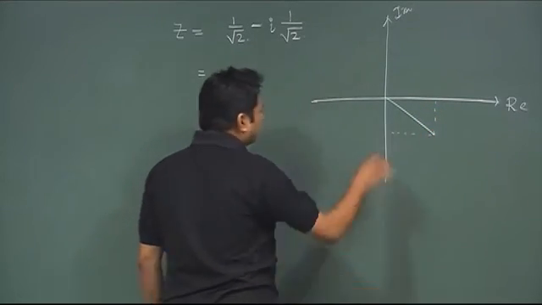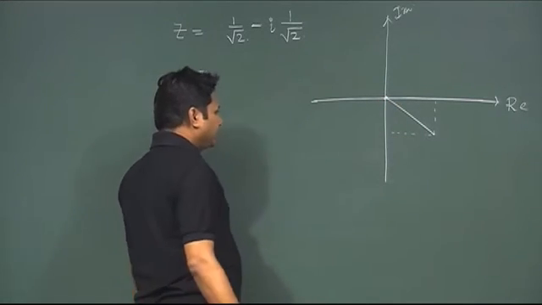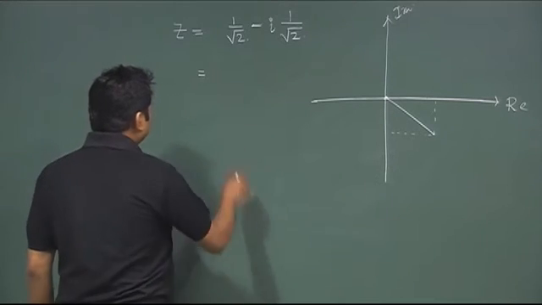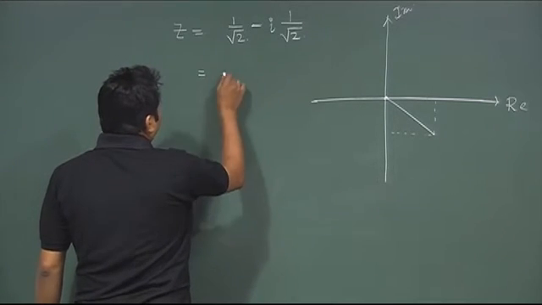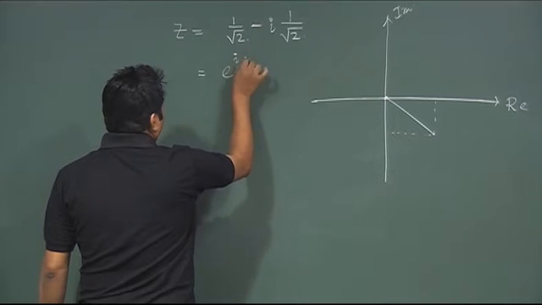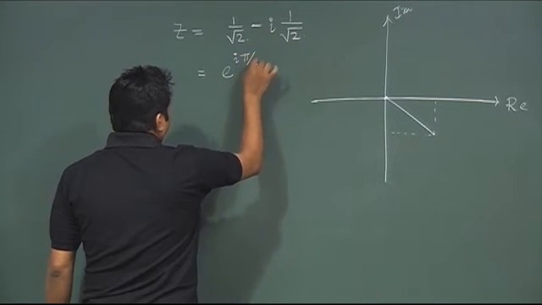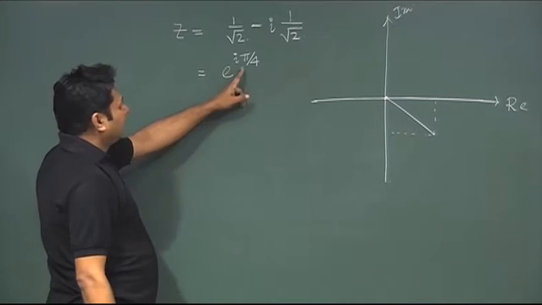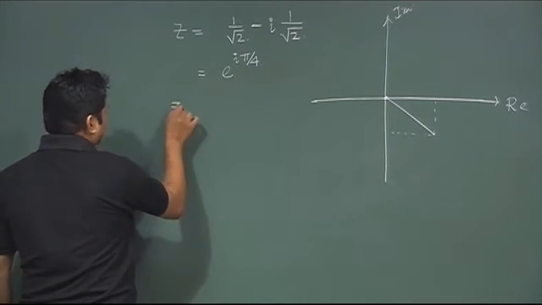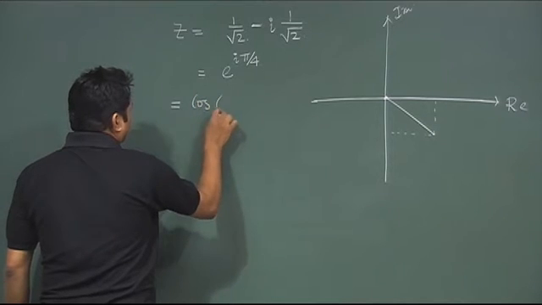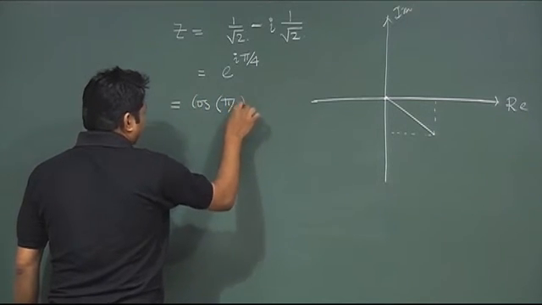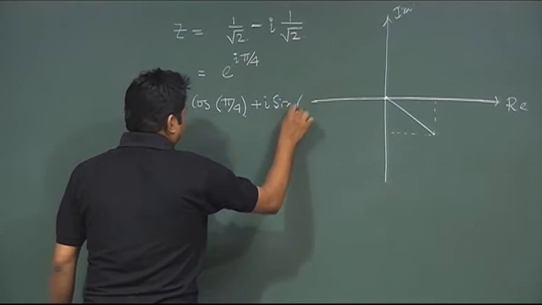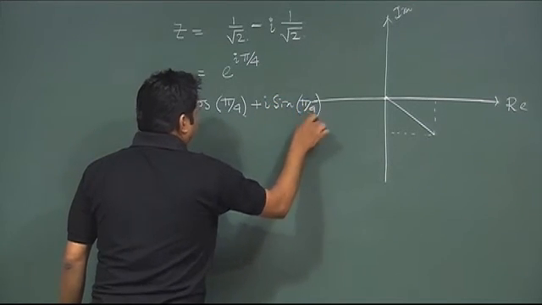So, what theta will I put here? The question is what theta I will put here, because if I write this, it will be just e to the power i pi by 4, because pi by 4 is 45 degrees. So it is cos pi by 4 plus i sin pi by 4.